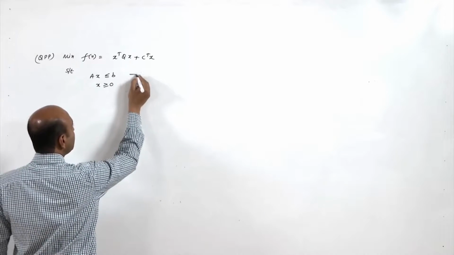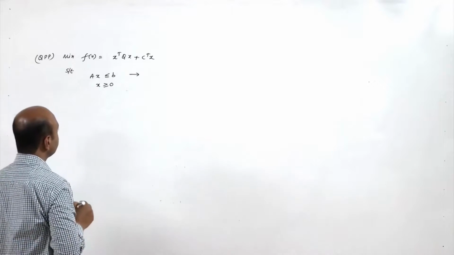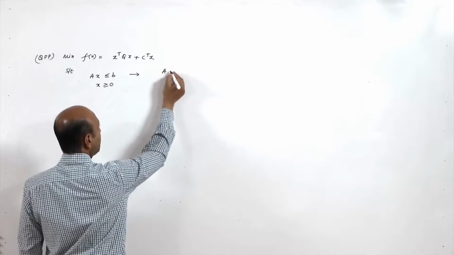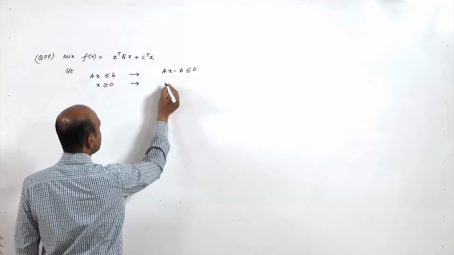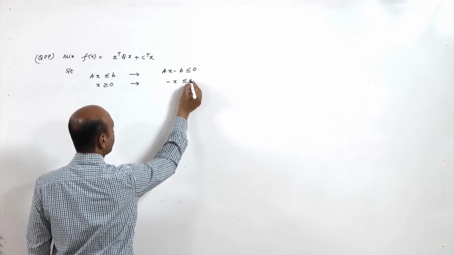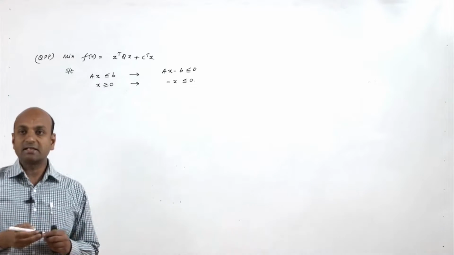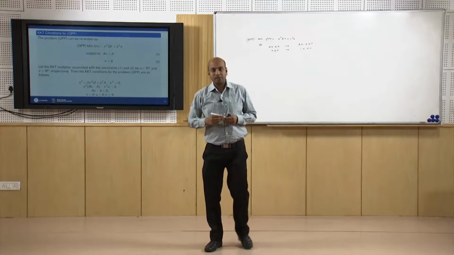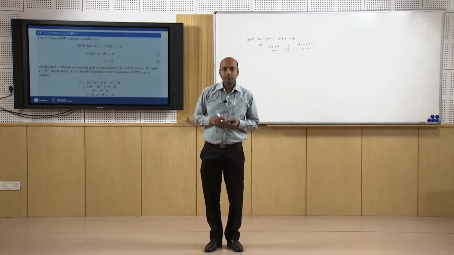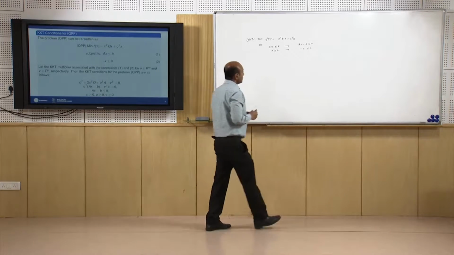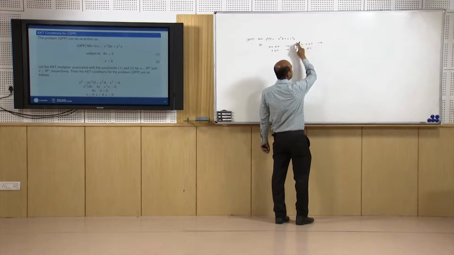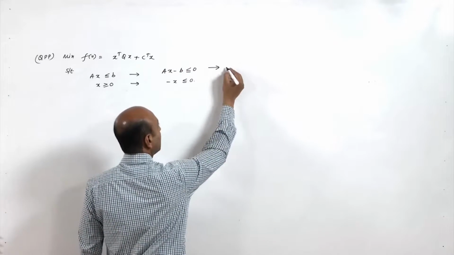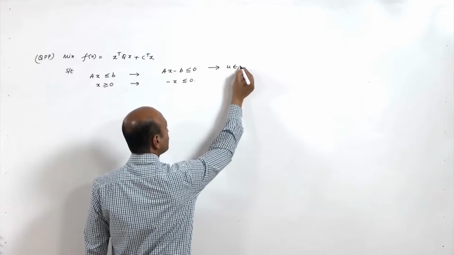Now, this constraint can be written as Ax minus b less than or equal to 0, and this constraint is minus x less than or equal to 0, because for KKT conditions all constraints must be of the less than or equal to 0 type. Okay. Now, suppose we take the multiplier corresponding to these constraints, say u, which belongs to R^m.